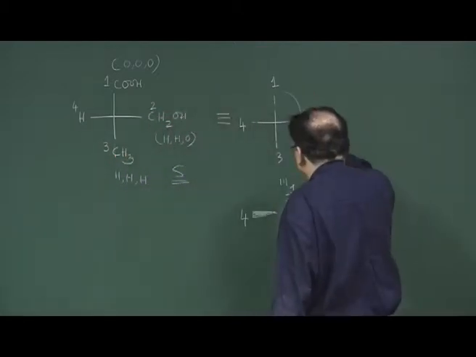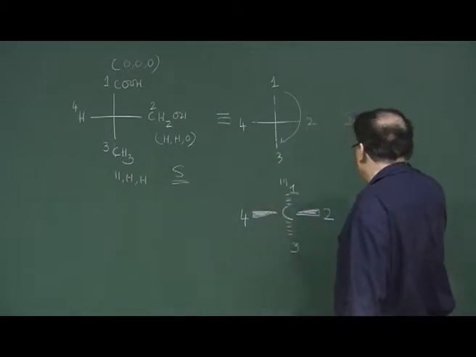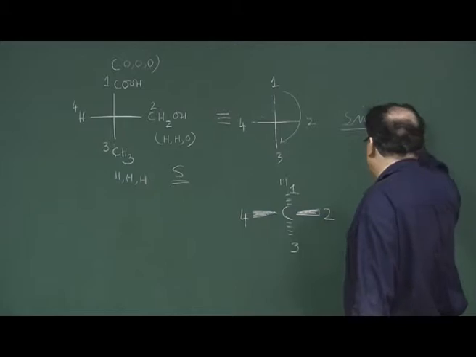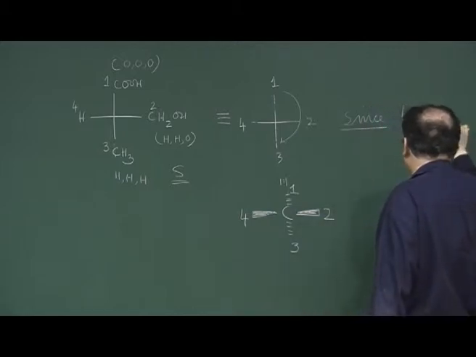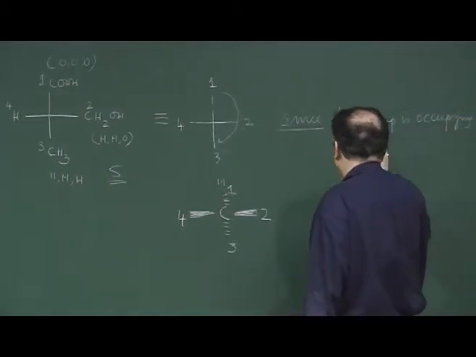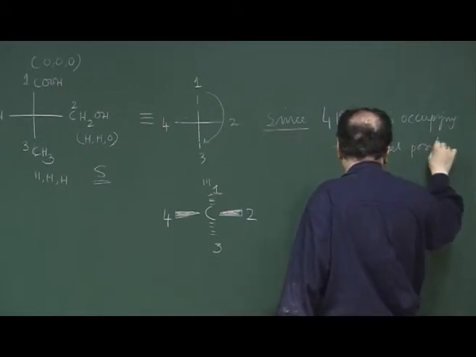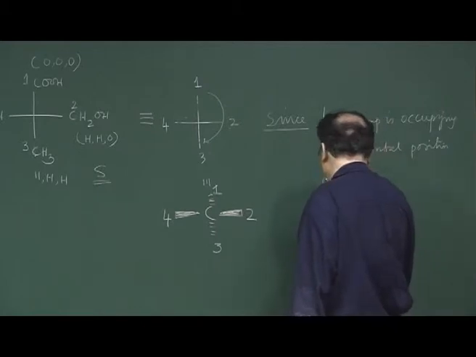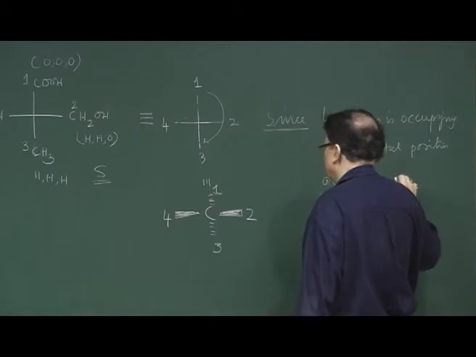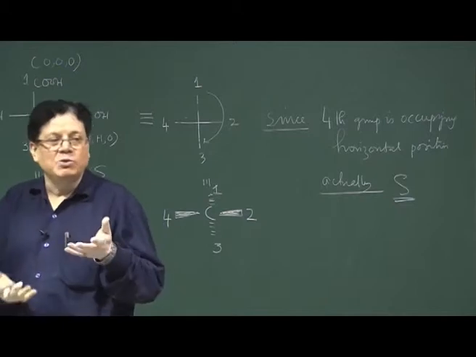So, basically 1 to 2 to 3 is in the clockwise sense, but when you write an answer, since the fourth group is occupying the horizontal position, actually the configuration should be S. So, whatever it appears, you just reverse it.